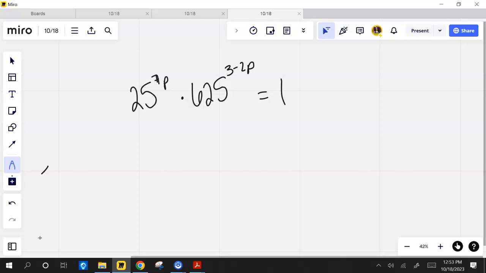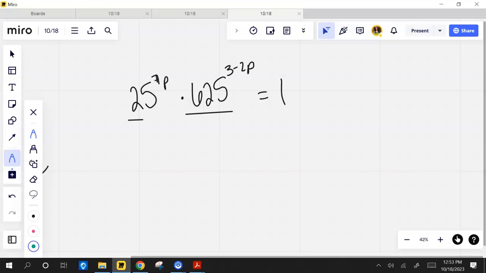All right, so in other words, here, how could I combine these? Well, we have to do what we call base manipulation, where we have to write them to have the same base. Do y'all remember doing this in Algebra 2? So what's the common base that I could use for 25 and 65? 5 to the what is 25? Second.